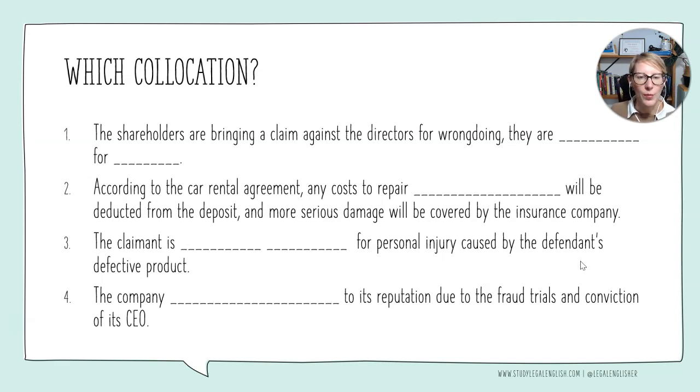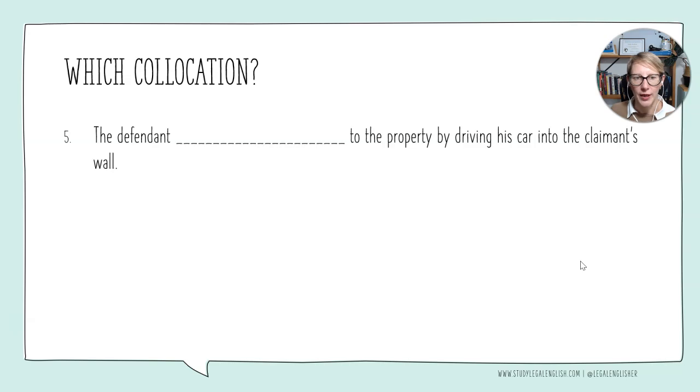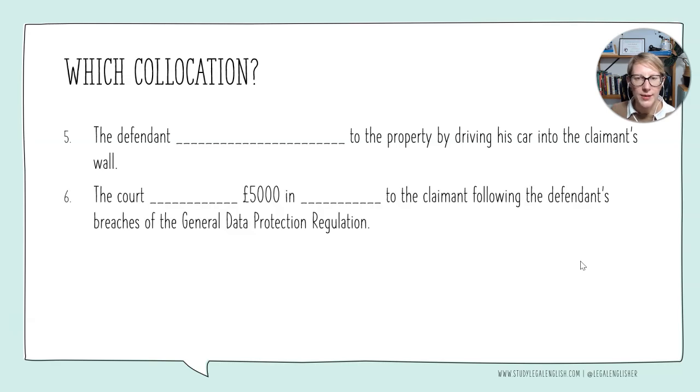We've got 4 more on the next page as well. Okay, which collocation? Number 5. The defendant to the property by driving his car into the claimant's wall. Okay. Number 6.